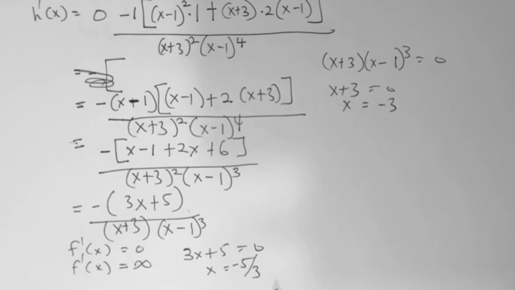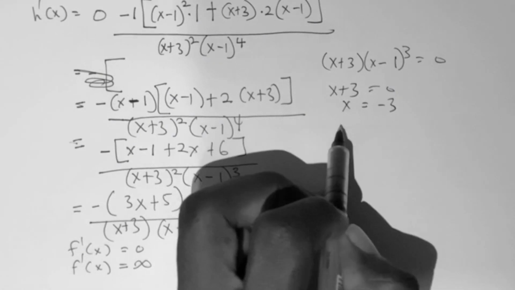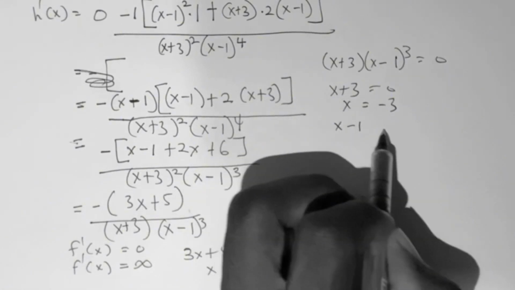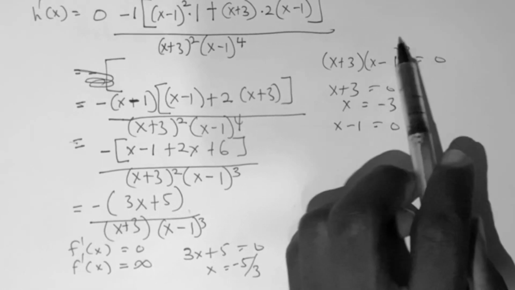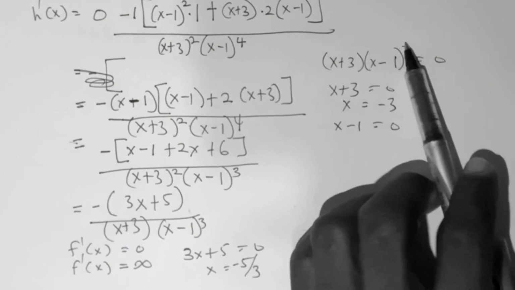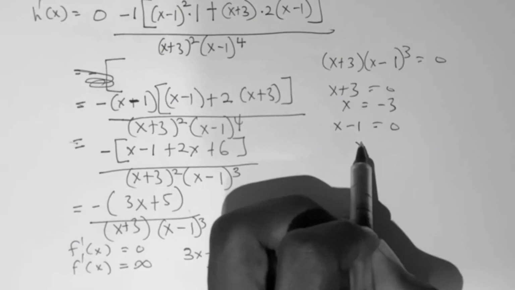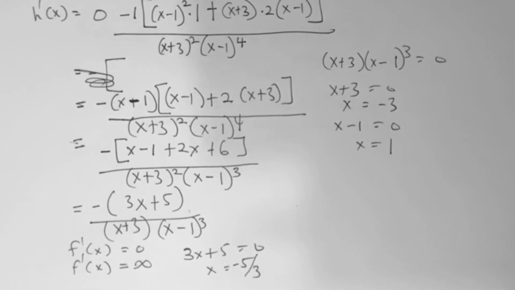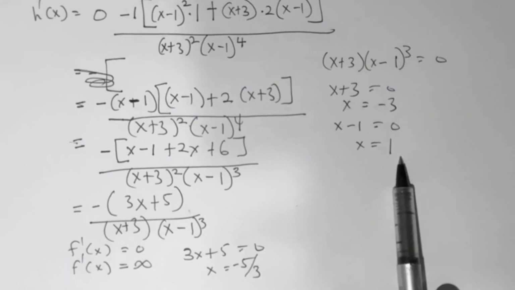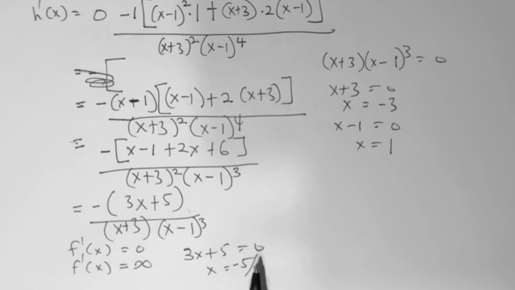It's also one of the critical values. And then x − 1 = 0. Since the multiplicity here is odd, we won't get two values here. We only get one value, which is x = 1. So therefore, the critical values are x = 1, x = −3, and x = −5/3.